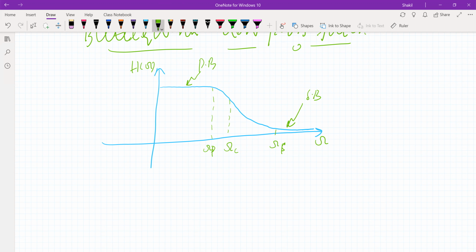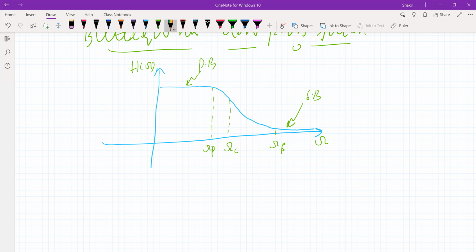In the same way you can draw a Butterworth high pass filter, which allows the filter response to be flat in both the bands, in pass band as well as in stop band.